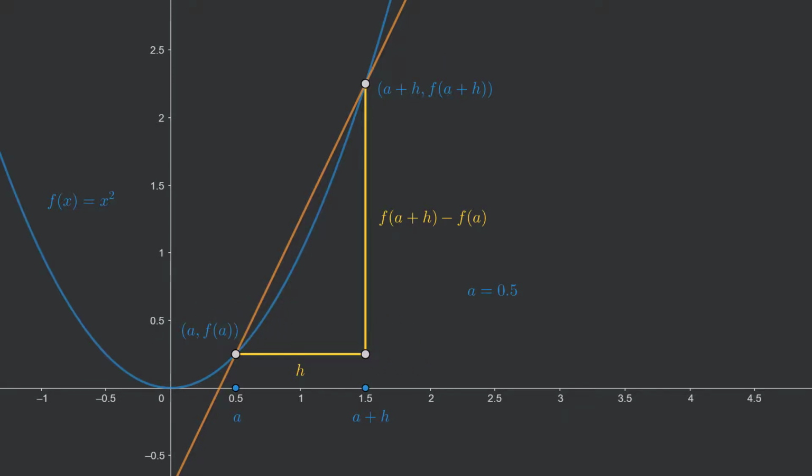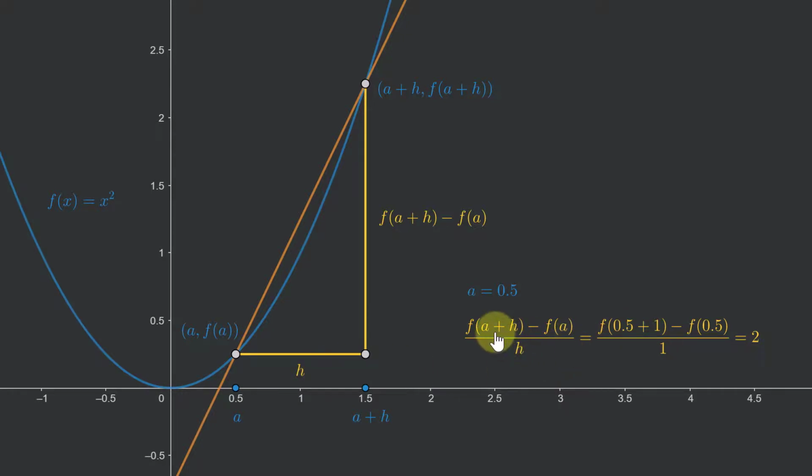Now the slope of the secant is the quotient of the length of this leg divided by the length of this leg. That means the slope is f(a plus h) minus f(a), which is this length, divided by h, which is this length.